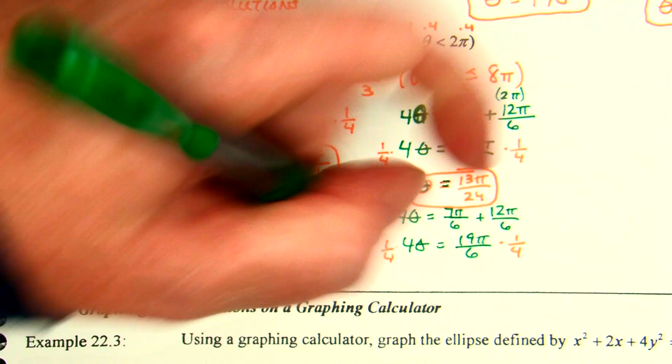And so theta is 19 pi over 24. We okay with the math?